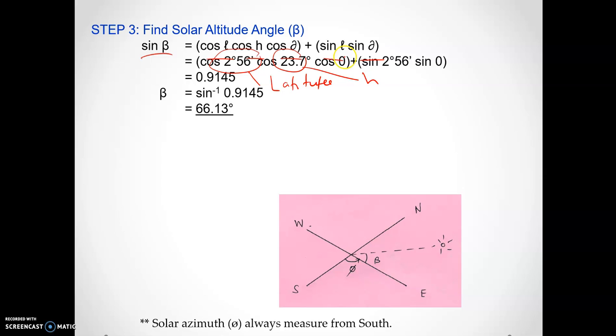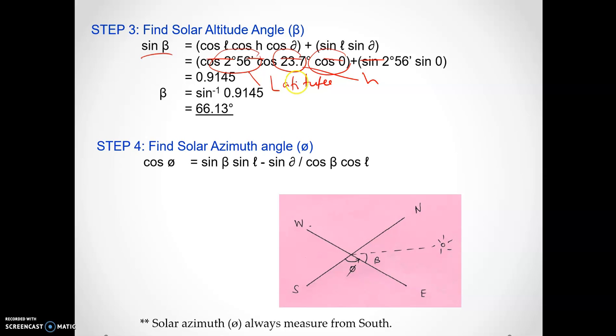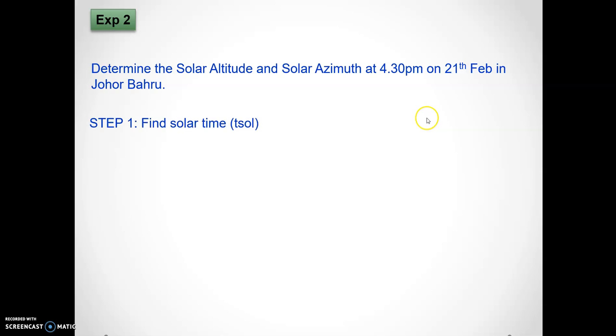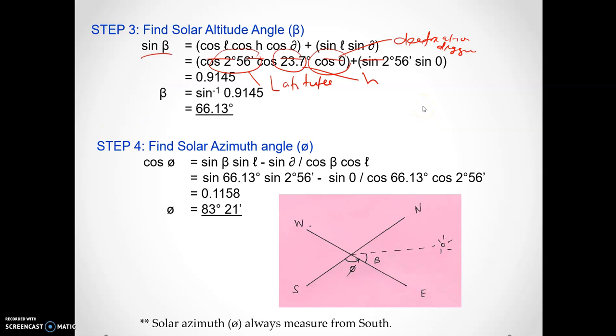And then the alpha is in cos alpha. How to find alpha? Refer to Bandar Baru Bangi for the month of September. It is the declination degree.